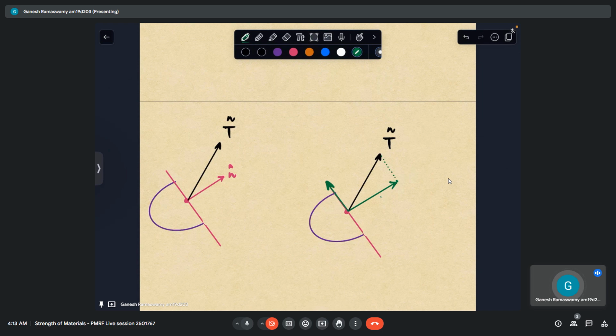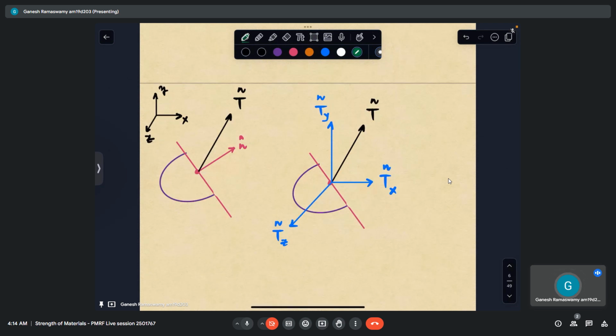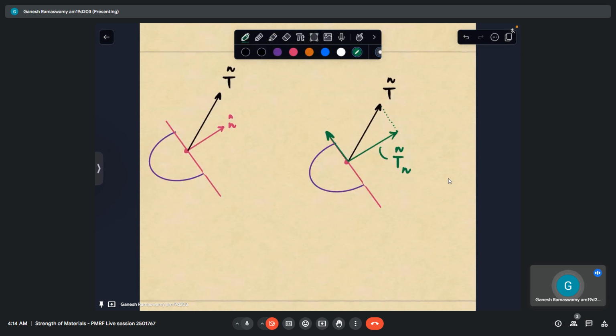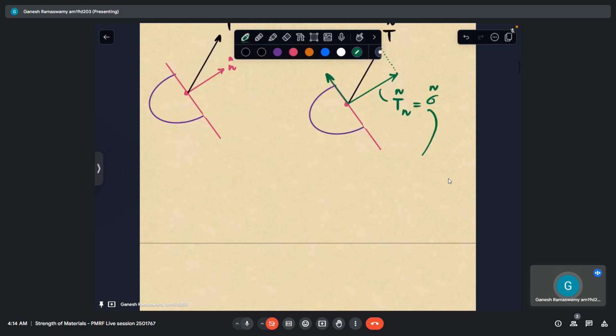So this normal component, we saw that this is Tn and the component is acting along n. Here we saw the component acting along x had a subscript x, so here it will have a subscript n. I hope that is clear. This is also known as sigma n, which represents the normal stress on plane n.